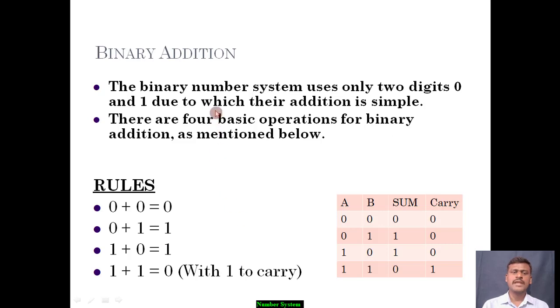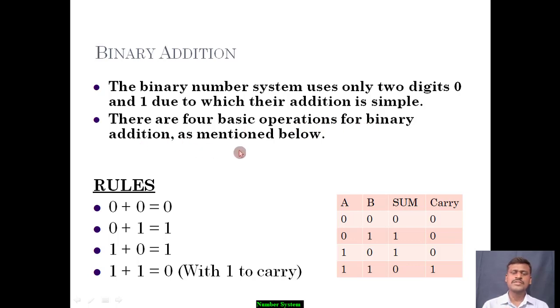As we all know, the binary number system only uses two digits, 0 and 1, due to which the operation of addition is very simple. For example, addition of 0 and 1, and 1 and 0, 0 0, 1 1 is very simple, as we are going to use in binary addition. So there are four basic operations for binary addition.